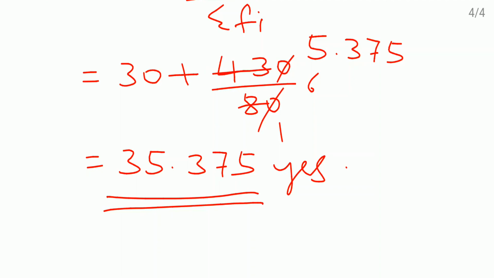About the mode, we are using the word maximum. And about the mean, we are saying on an average, the age of the patient is 35.375 years. I hope all of you understood this sum.